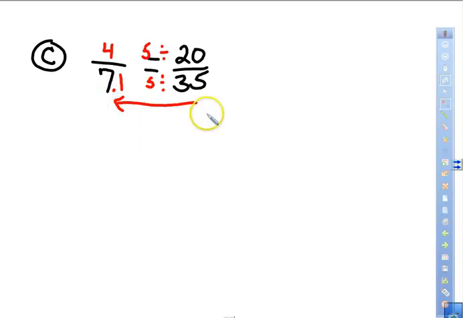You wouldn't know that answer, so then you would have to certainly take this number and divide it by this to get this number, so that this number then could be divided by 20 to get the numerator on up above.